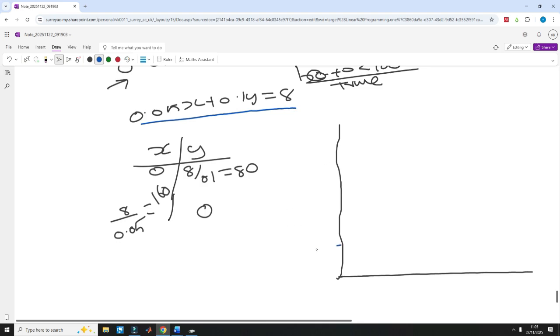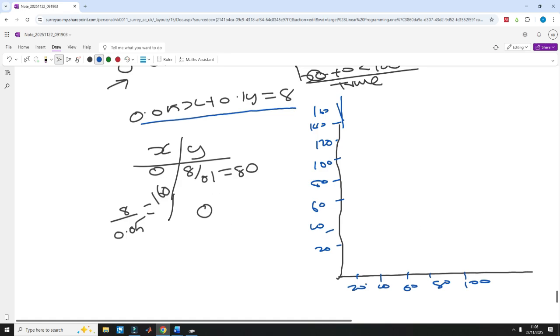Let me divide this graph. 20, 40, 60, 80, 100, 120, 140, 160, somewhere around here. And here you have, say, 20, 40, 60, 80, and 100.